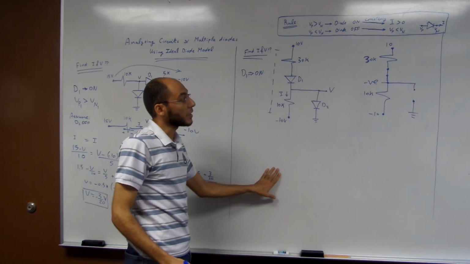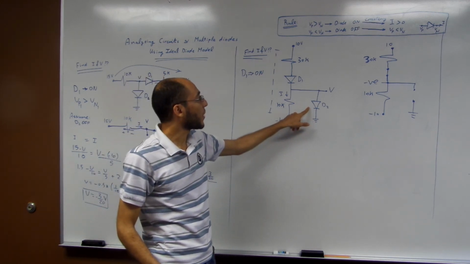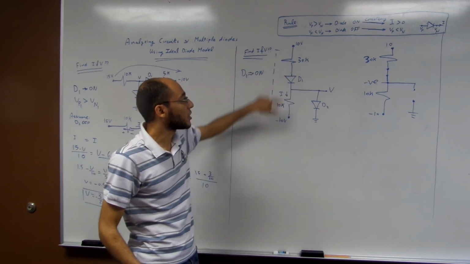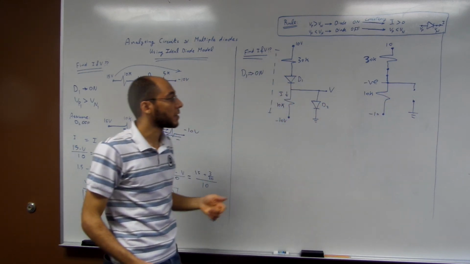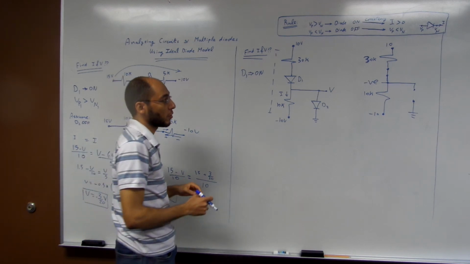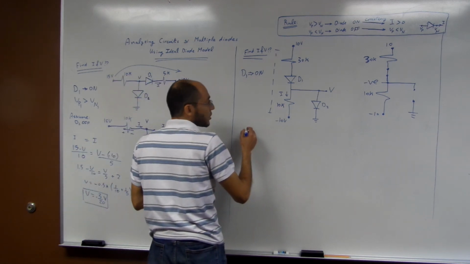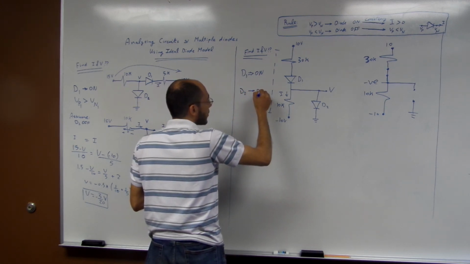So there really is a way, even if the diode is not in the path that has the largest potential difference, there is a way to expect and anticipate how the diode is going to be. Is it going to be on or off? Okay, so I'm going to assume that D2 is off.